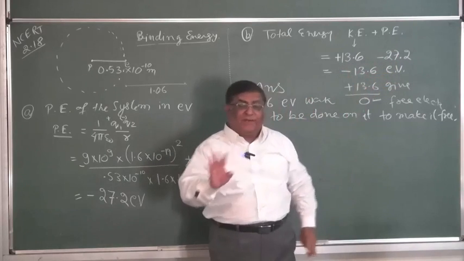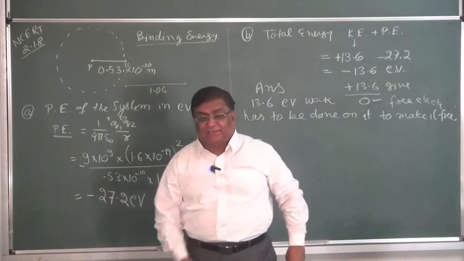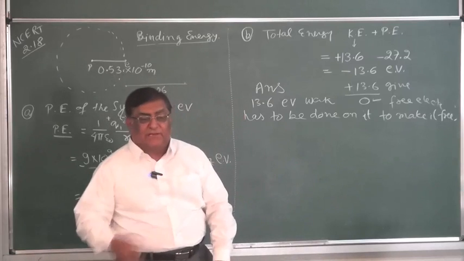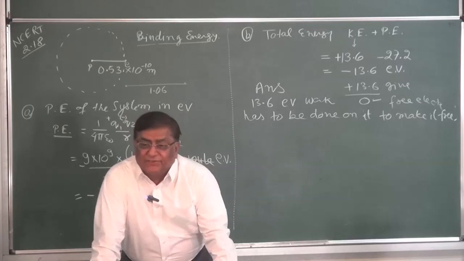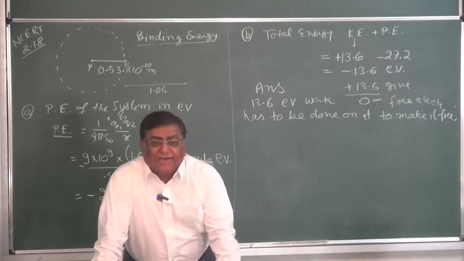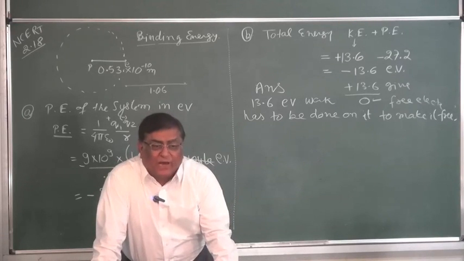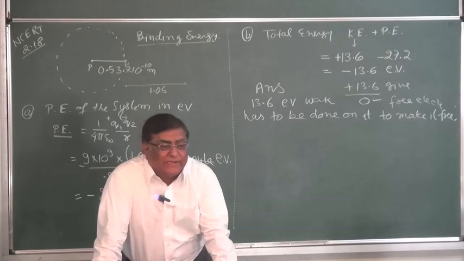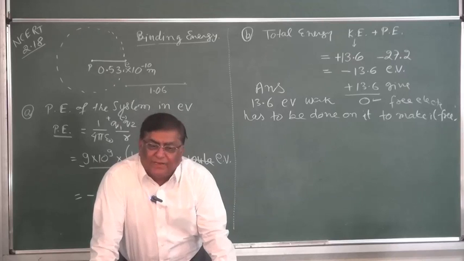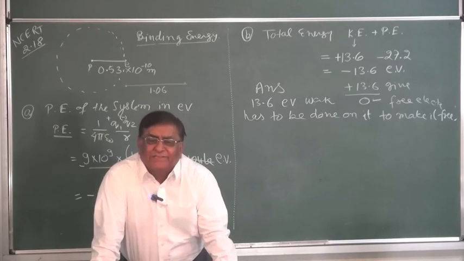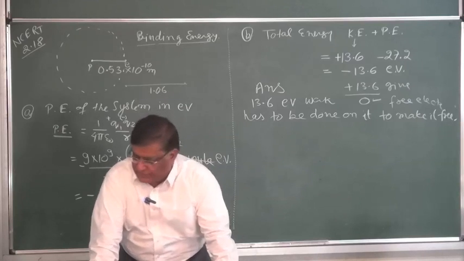This relation you have already done. Remember satellite. The same equation you have done there. The potential energy is negative. Kinetic energy is positive, but half of its value. The total energy is negative, and that is known as binding energy. To make it free, that binding energy work has to be done on it. So whatever is the distance, we will calculate for that distance.